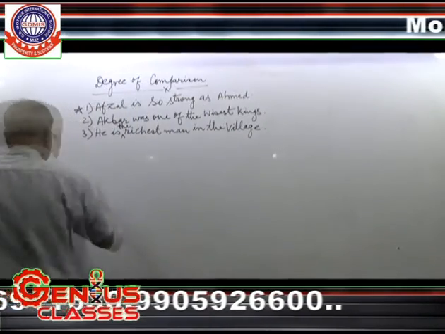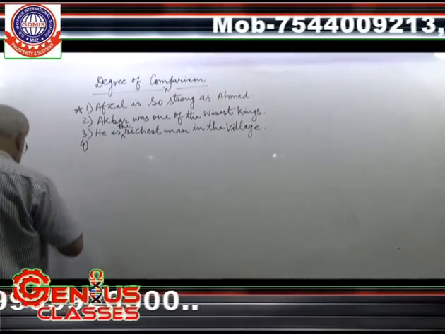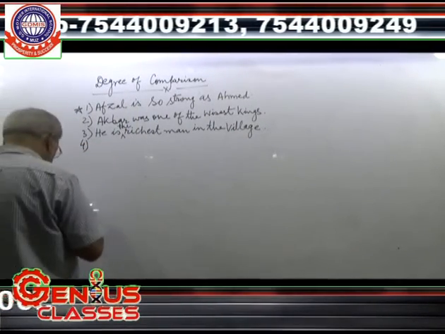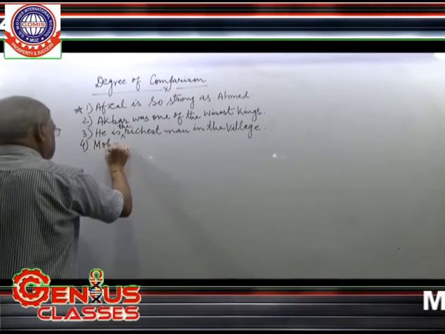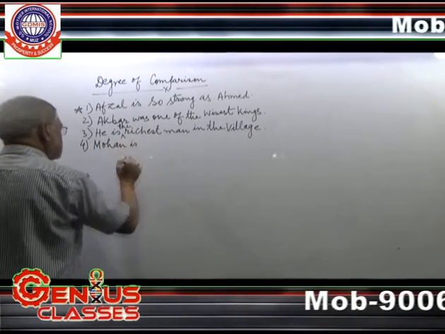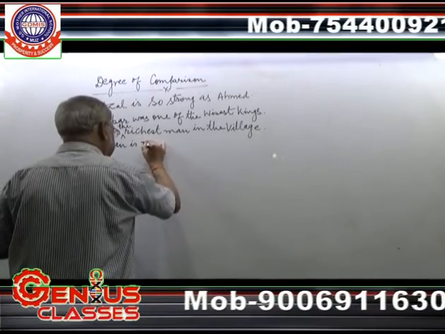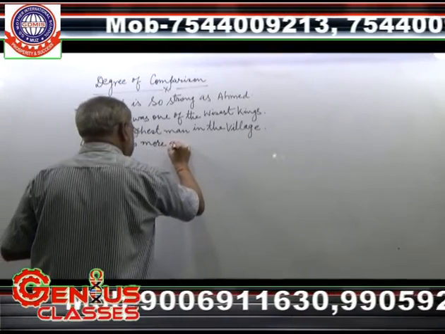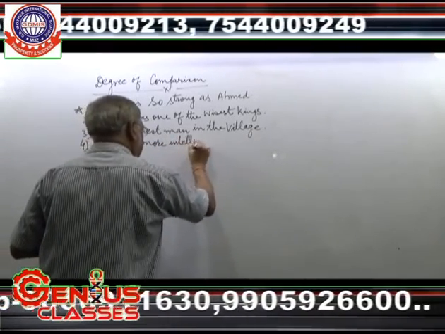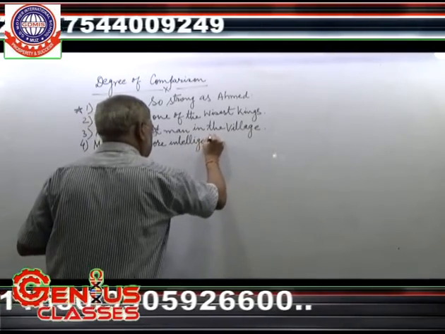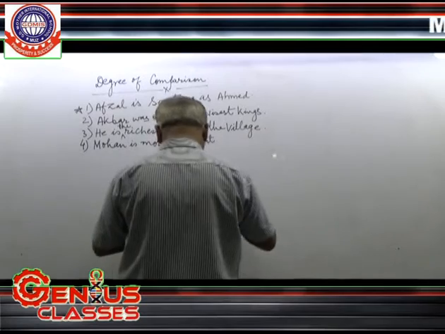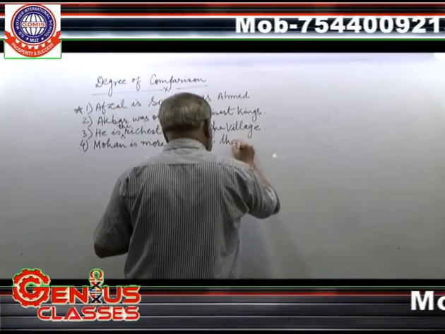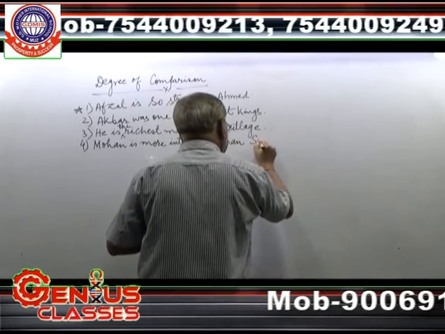Now number 4. Mohan is more intelligent than Sohan.